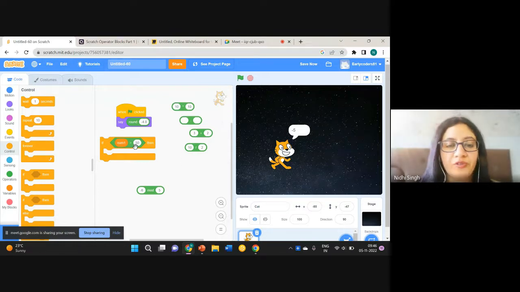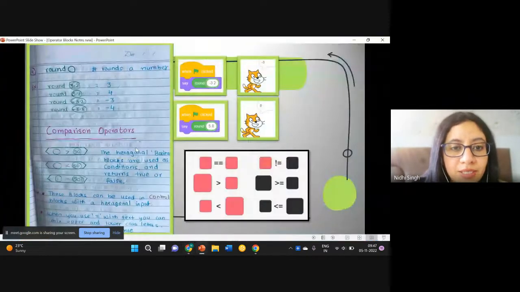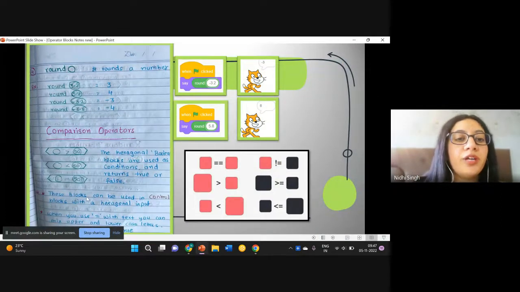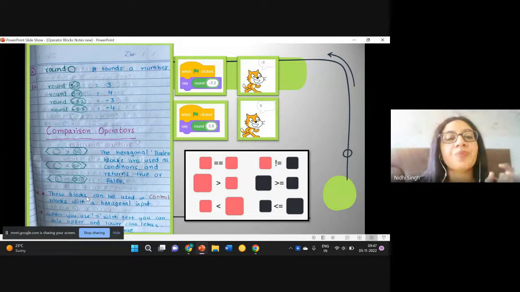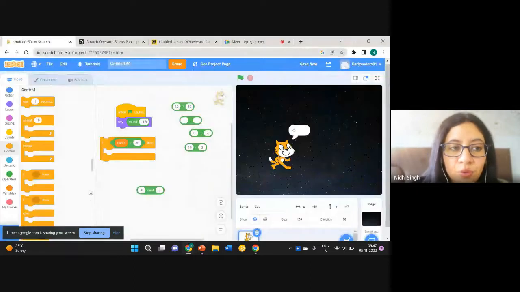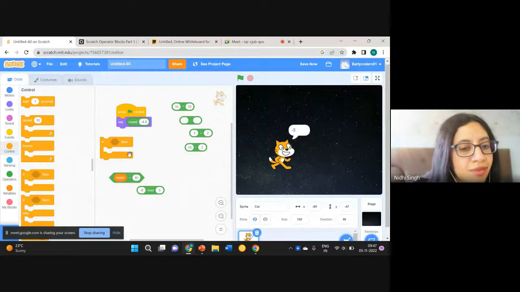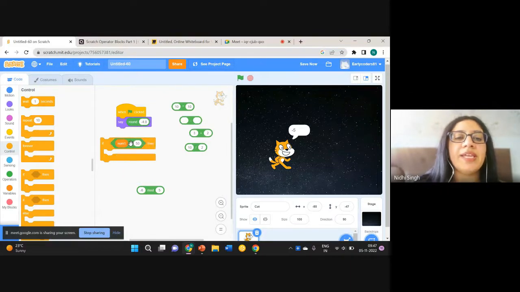Only two values. Very good. So we call them Boolean blocks. Whatever hexagonal green operator blocks, these are hexagonal Boolean blocks. We use them as conditions and they return true or false. We use them in control blocks, generally in this conditional block, if. So as a condition, we will be using these hexagonal operator blocks.